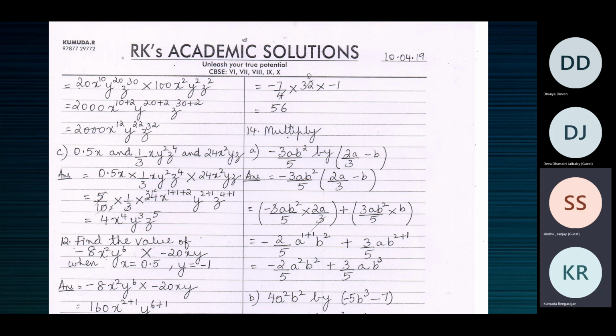No. See, if supposing it's 5 square, you should not leave it as 5 square. 5 square is 5 into 5, 25. 10 square means 10 into 10, 100. Now you cannot simplify x square. X square is x square. But if it is 3 square, it's 9. You must write it as 9. 3 square means 3 into 3, 9. Yes, ma'am.